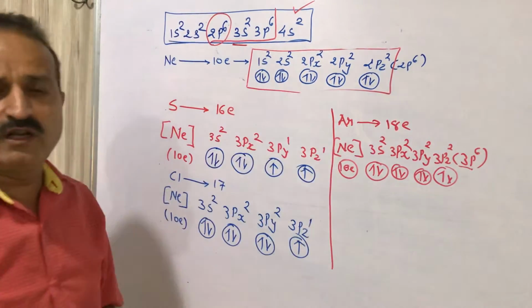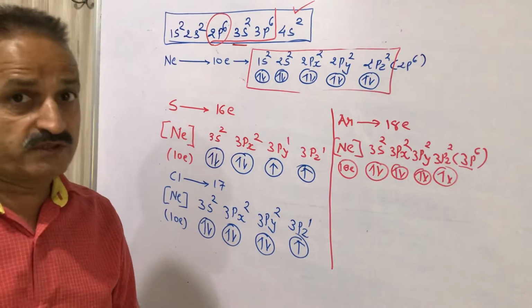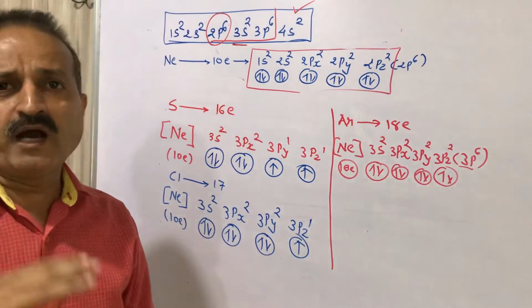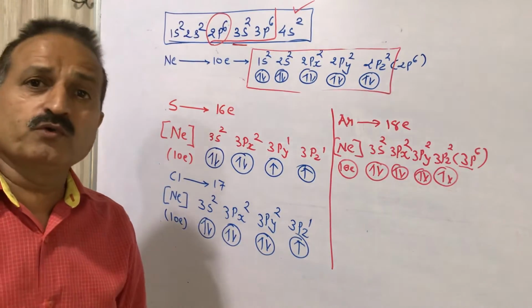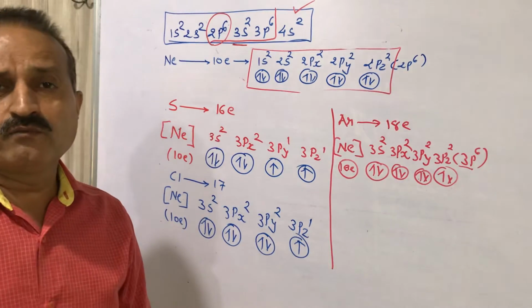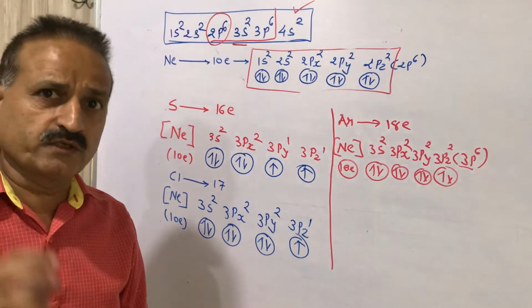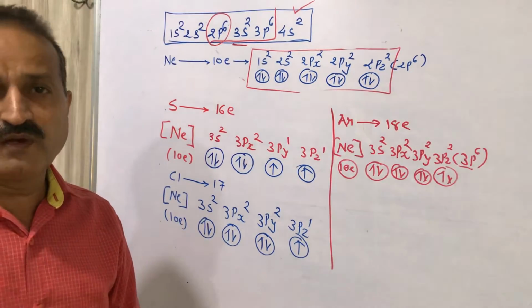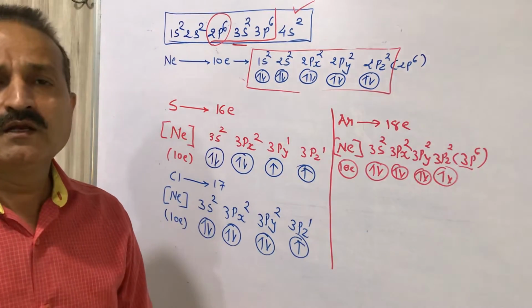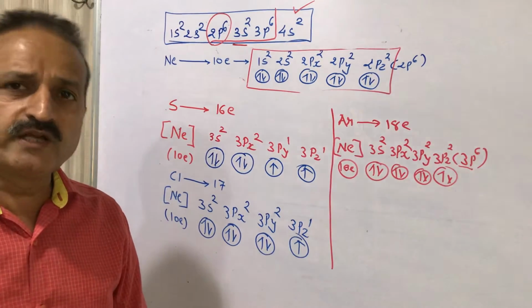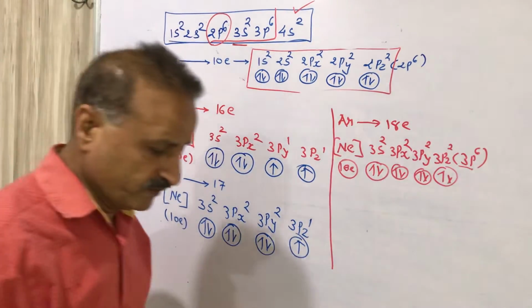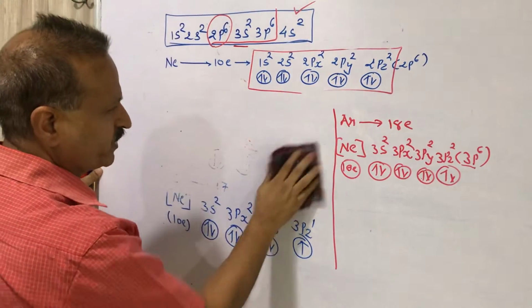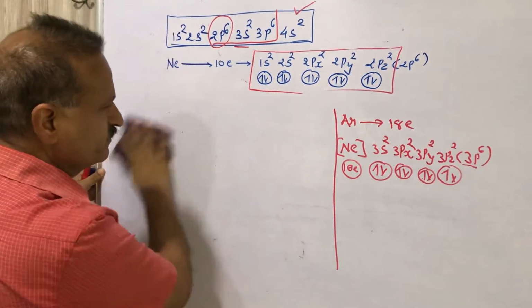Now one electron is required, that is 4s1. Same method which we have used for sodium to argon. Now from argon to other elements, we will write argon in place of writing the whole electronic configuration till argon. No need to write the total electronic configuration till argon. Clear?